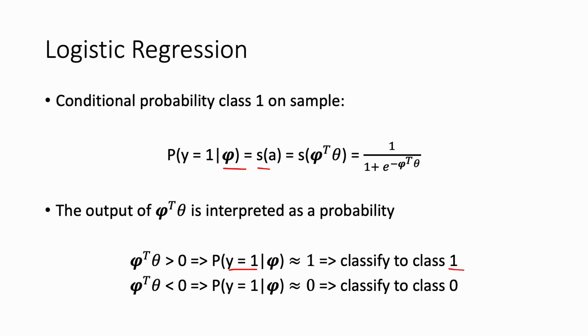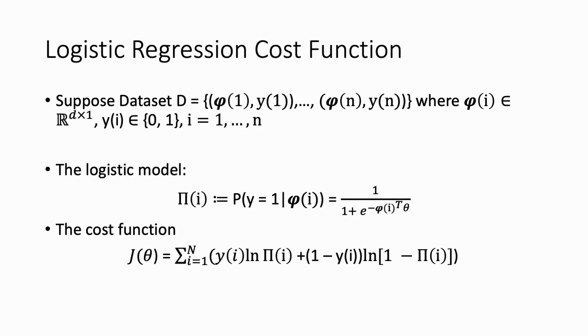Otherwise we will classify the sample as class zero. This is the loss zero error, and this is the loss one error, and the cost function is the sum of the loss one error and the loss zero error.